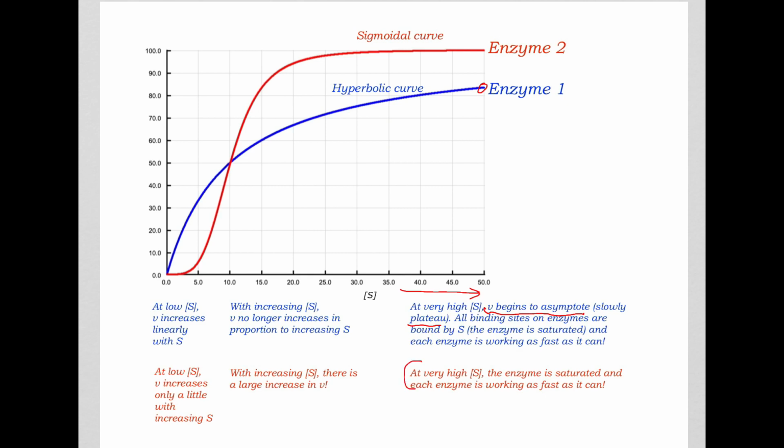At very high substrate concentration, the initial velocity doesn't increase anymore, and we call this part, where there's hardly any increase in initial velocity as substrate concentration increases, the enzyme becoming saturated with substrate. So the enzyme is working as fast as it can, and it cannot go much faster.